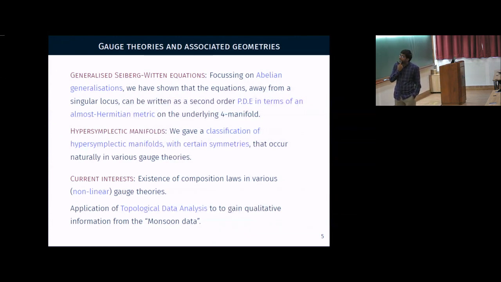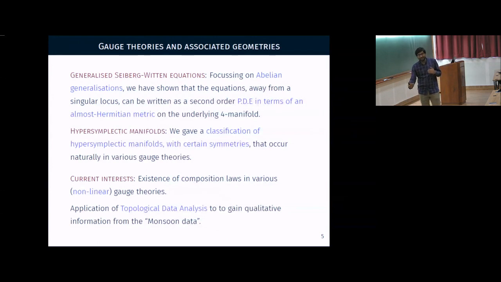In my recent work, I have given a classification of such hypersymplectic manifolds. They have some additional symmetries which were sort of neglected in the previous works, but that came up in the recent ones. And what this classification does is it gives you various examples of hypersymplectic manifolds that can be produced via a hypersymplectic reduction technique.